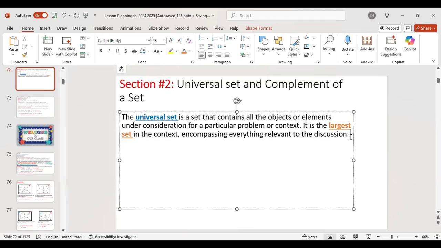Now, there are different ways in which we could represent the universal set.